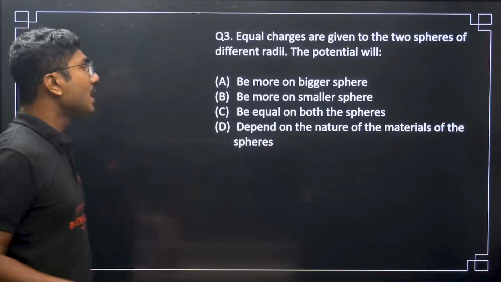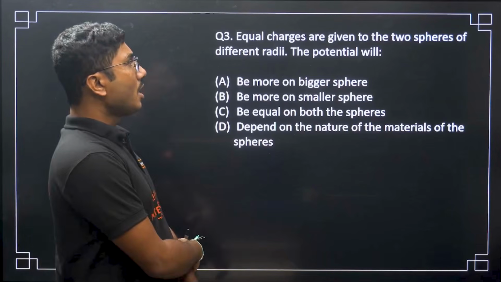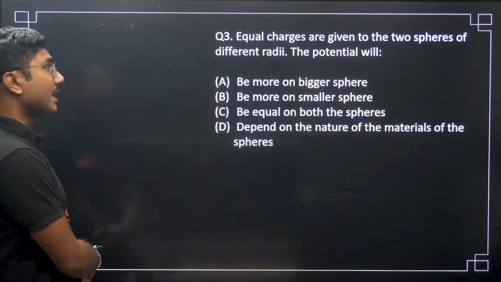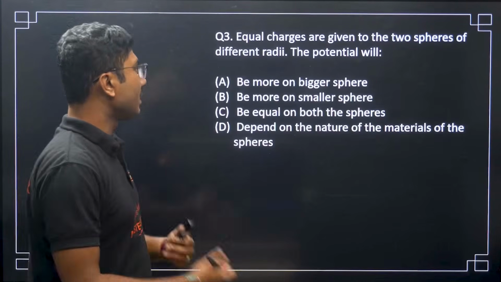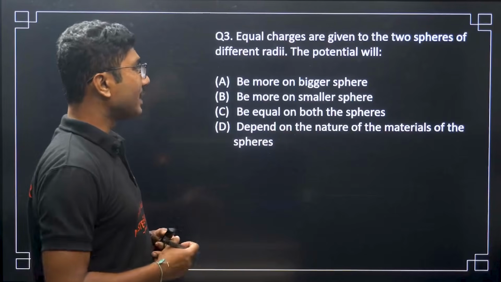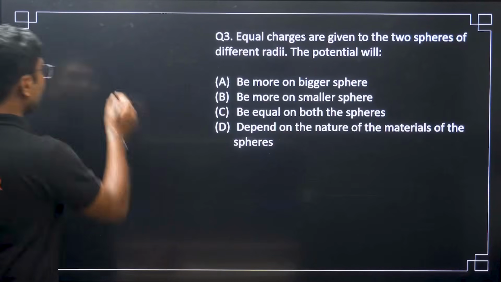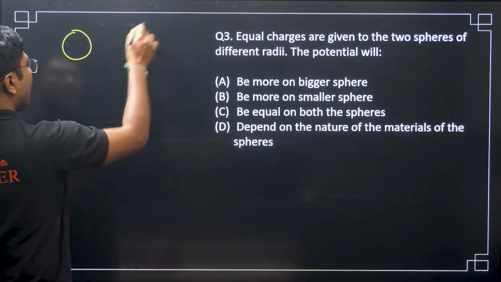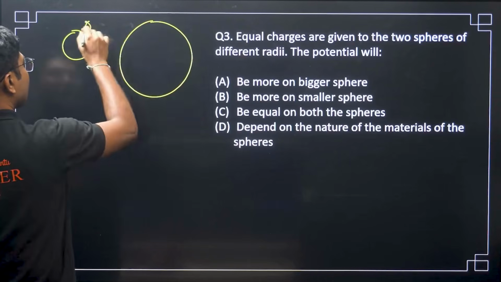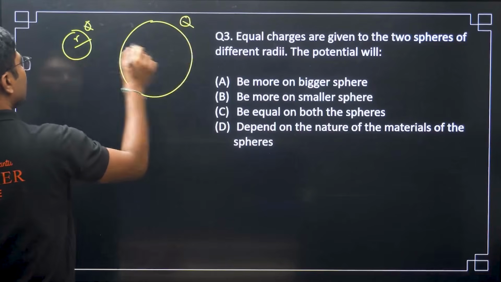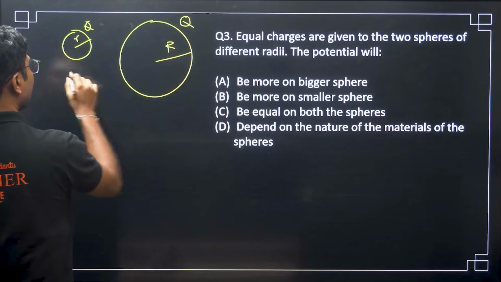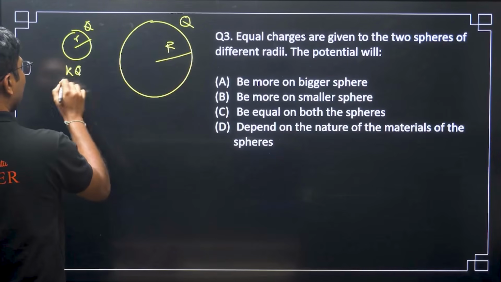Now next question, equal charges are given to the two spheres of different radii. The potential will be more on bigger sphere, more on smaller sphere, equal on both spheres, or depend on the nature of the material of the sphere. So we know that one small sphere, one large sphere, both are given same charge q. So this is small r, this is capital R. So what is the potential? K q by r.